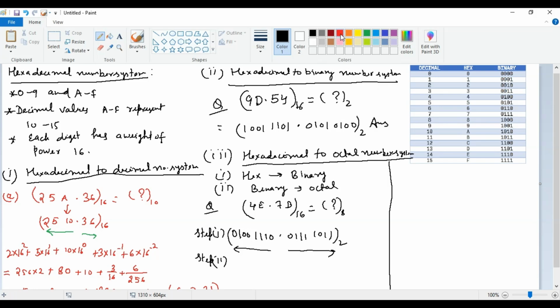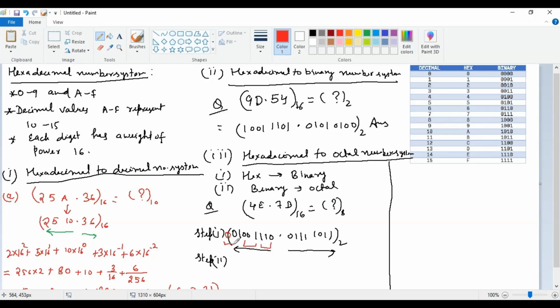Now we are starting to form the groups of 3 bits because an octal digit is represented by 3 bits. So first group, second group, and here two binary digits are left, but a group is of 3 bits. So we have to add a 0 here to make 3 digits.